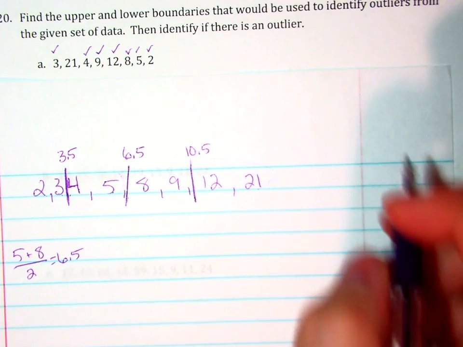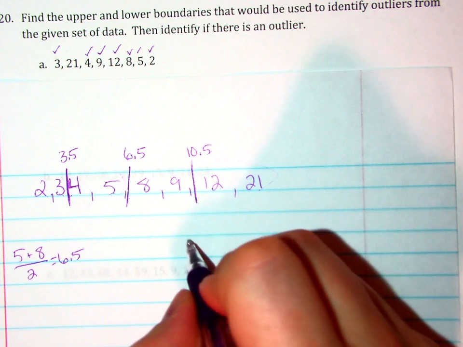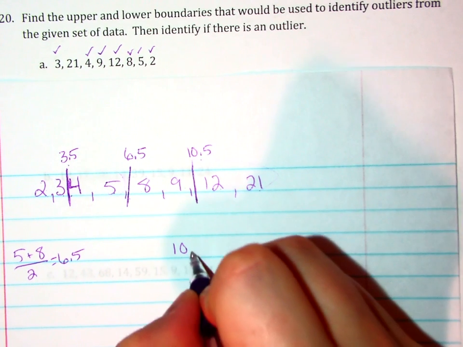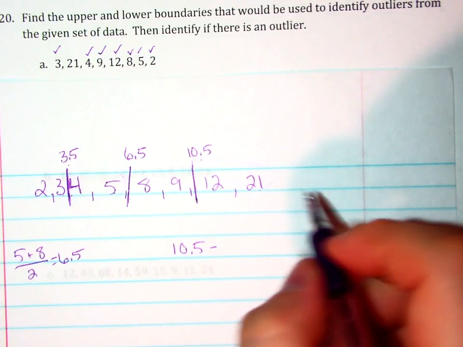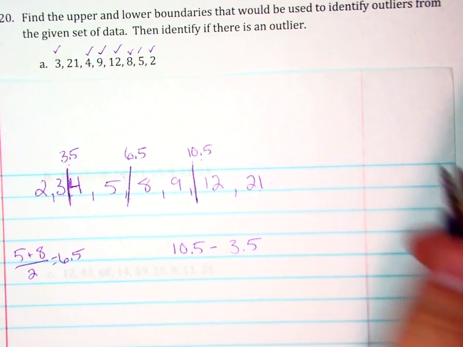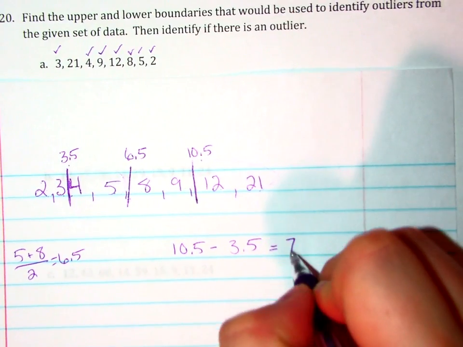Next, I need to find my IQR. My IQR would be Q3 minus Q1, so 10.5 minus 3.5 equals 7.